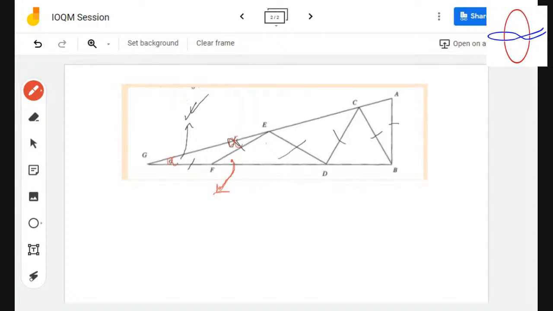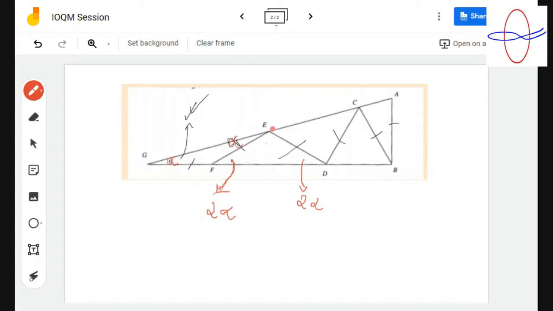This is completely angle chasing. You're right. Sure, I will give you 2 more minutes to think about it. Do angle chasing and you will get the answer. So if this is alpha, this is twice alpha by the exterior angle theorem, and this is also twice alpha by the isosceles property. What is this angle?